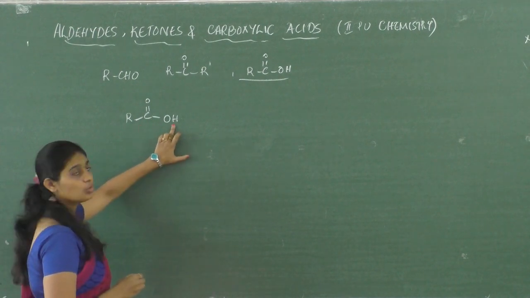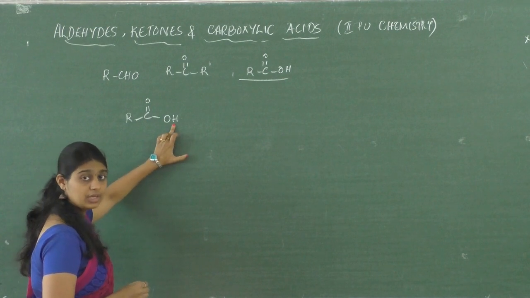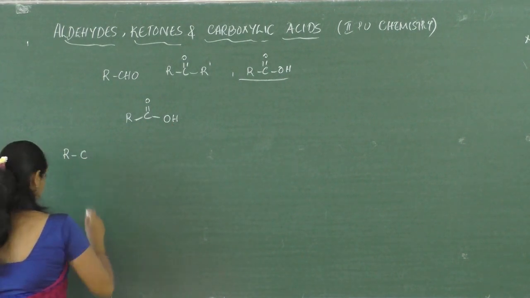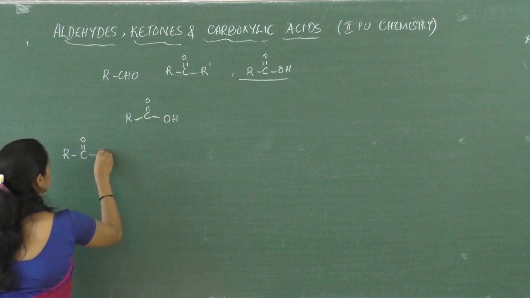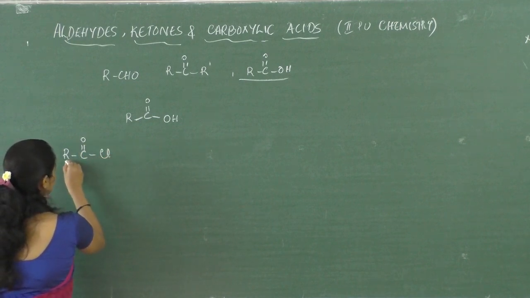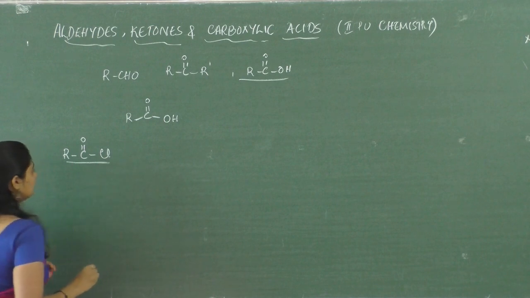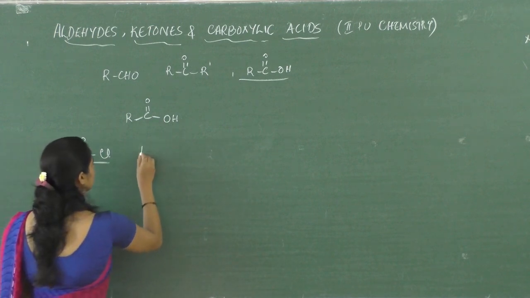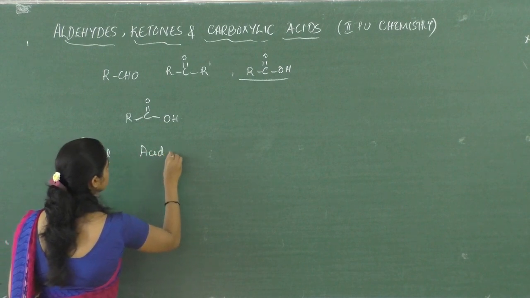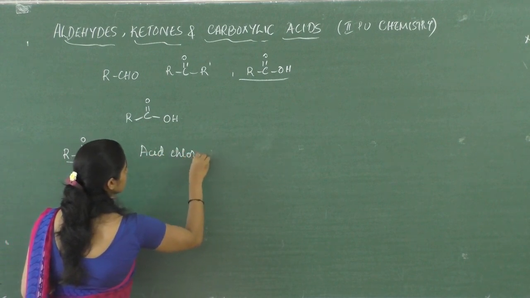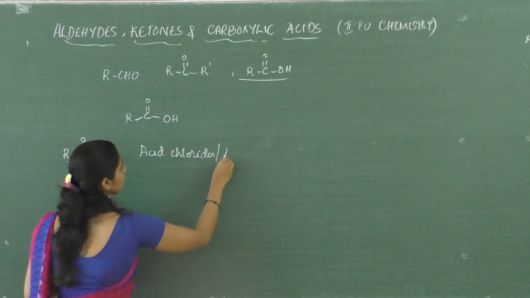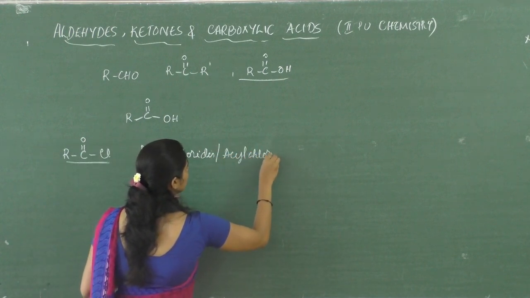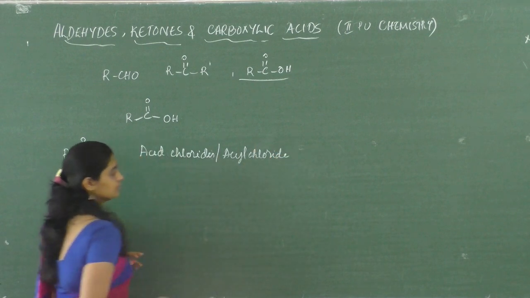So this is nothing but carboxylic acid, the general formula of carboxylic acid. If the OH group is substituted by a chlorine group, that is RC double bond O Cl, then this is generally termed as acid chlorides or acyl chloride.